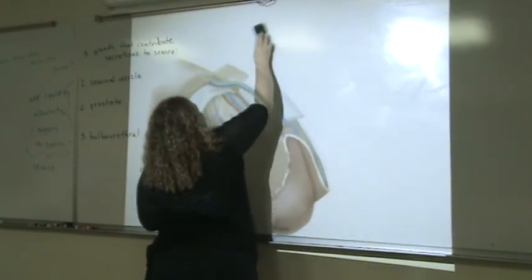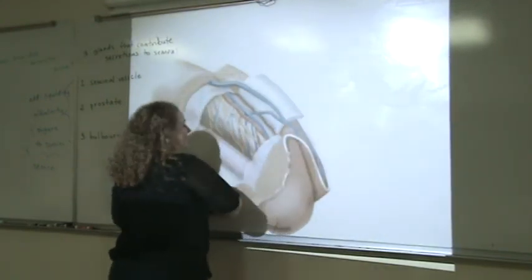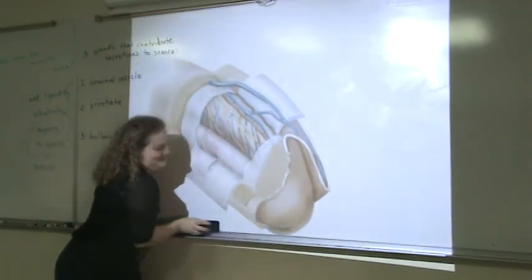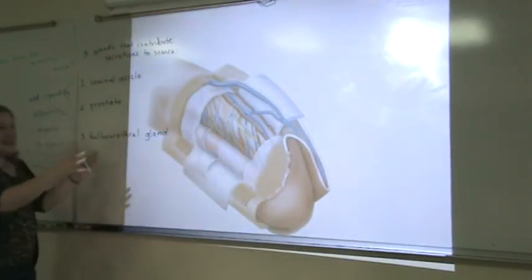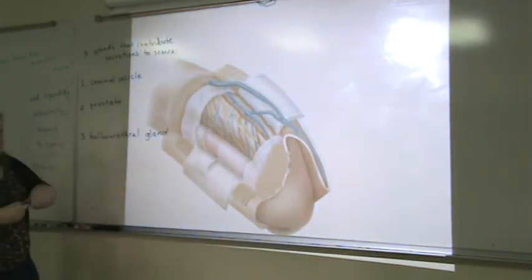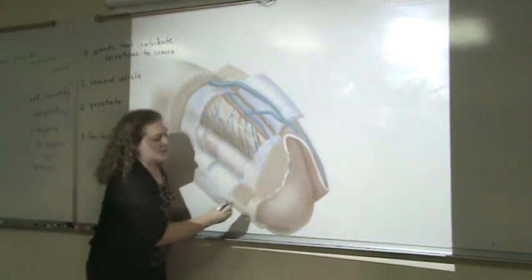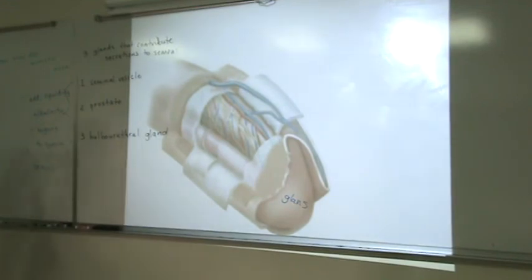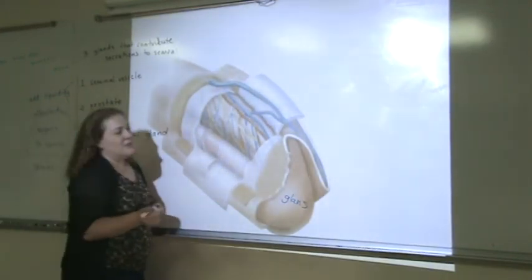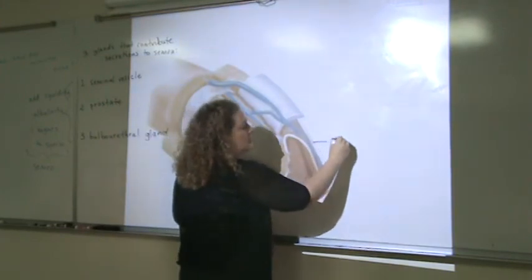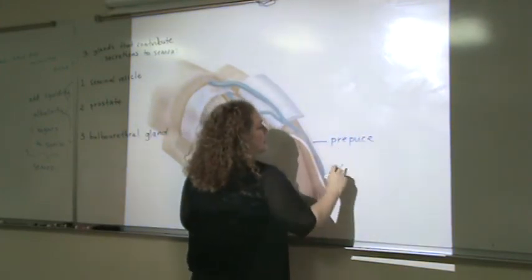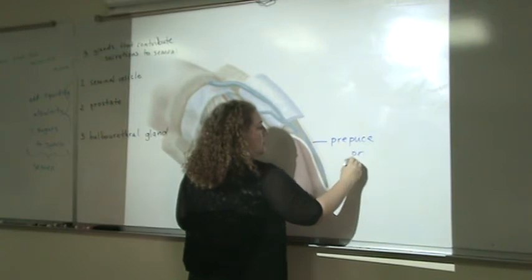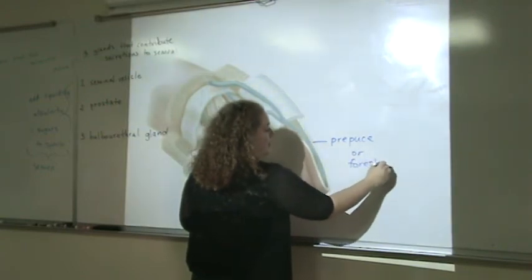Okay. Here's probably the most alarming picture of all, showing layers within the penis. There's certain parts of it I'm going to show. This is called the glans, G-L-A-N-S, or the head of the penis. The covering over it is the prepuce or foreskin.